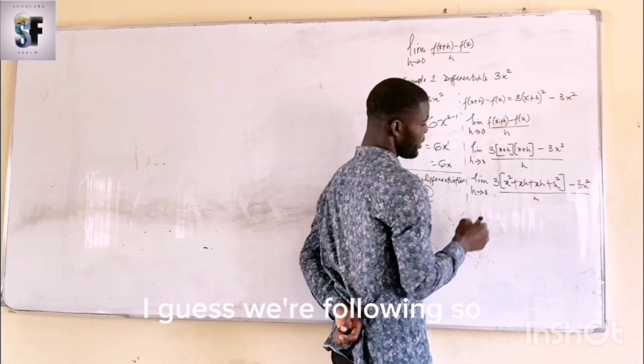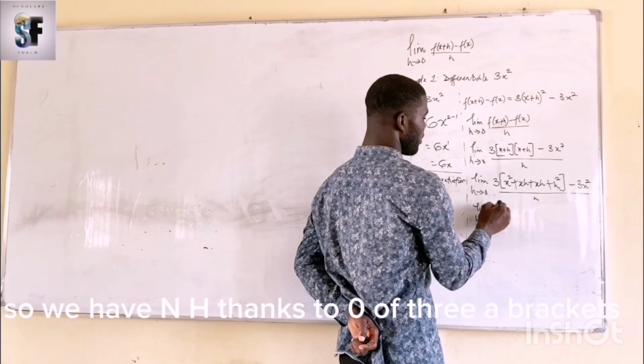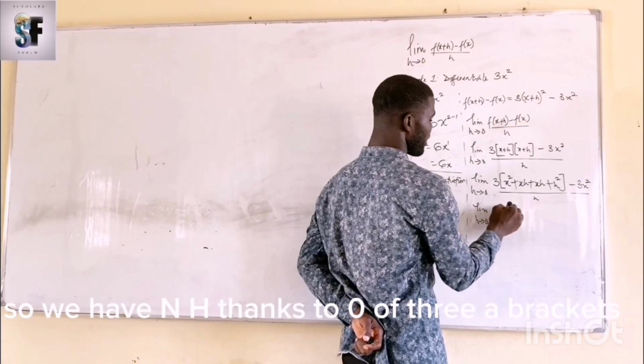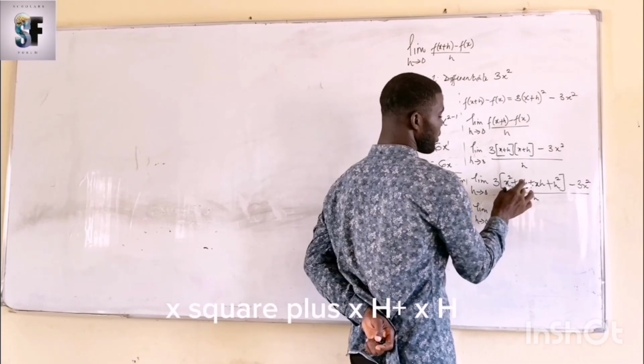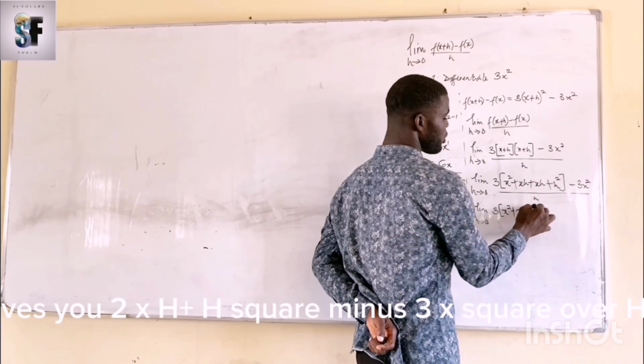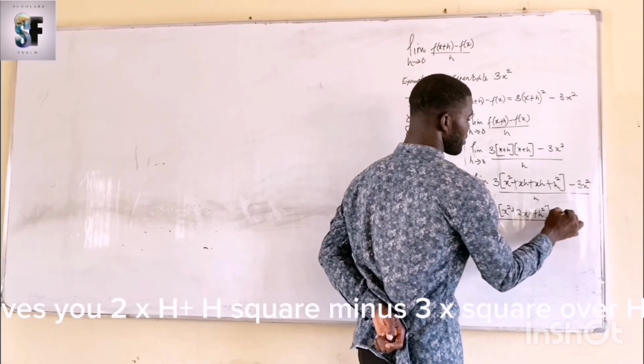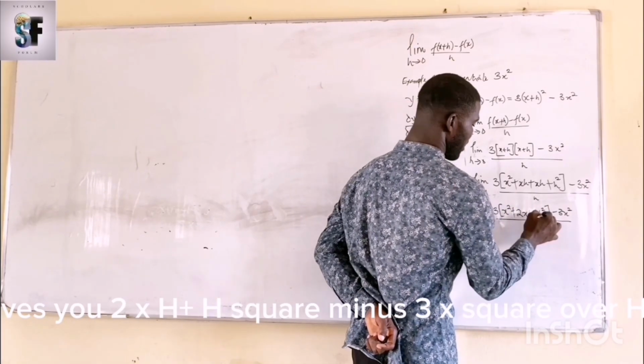I guess we're following. So the limit as h tends to 0 of 3 in brackets x squared plus xh plus xh gives you 2xh plus h squared, minus 3x squared over h.